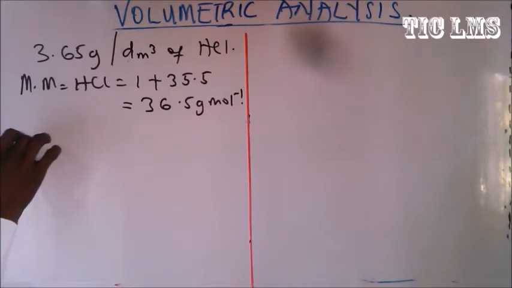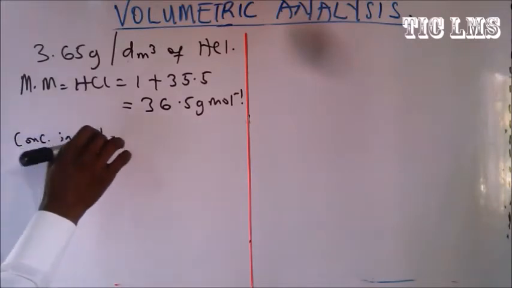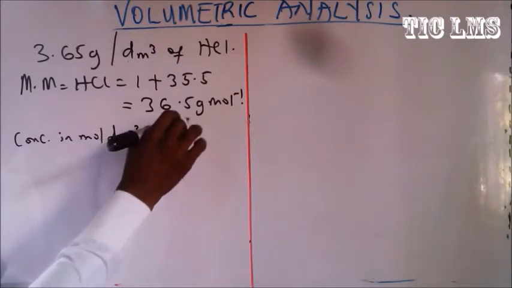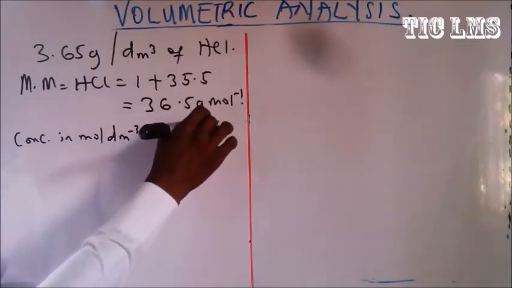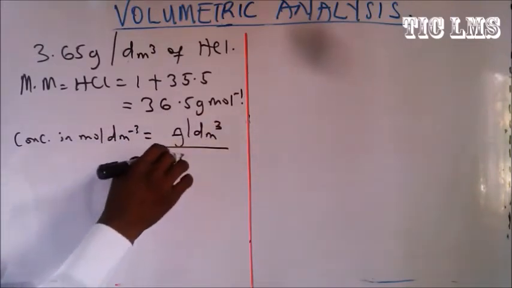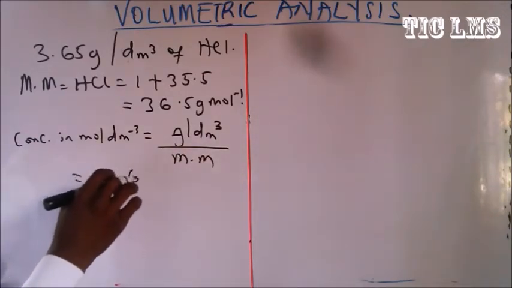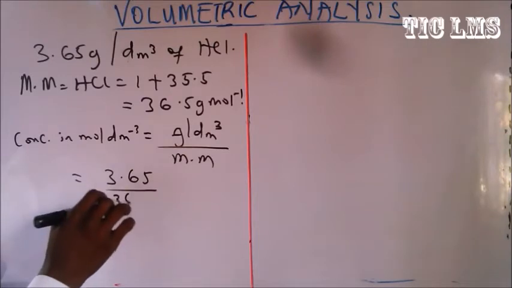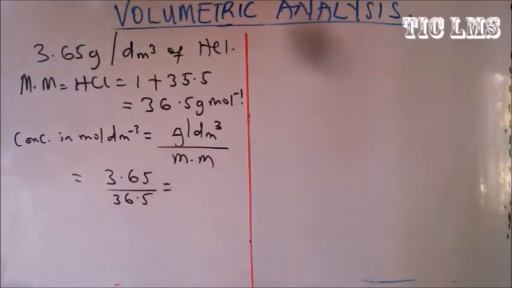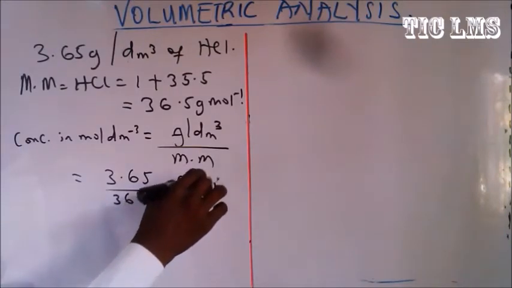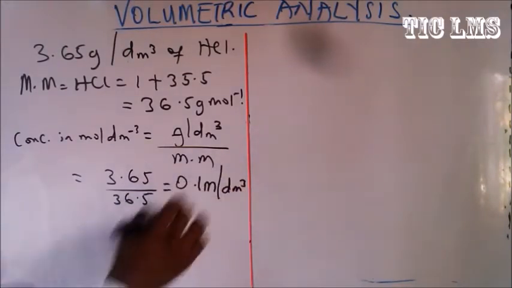Hence, concentration in mole per dm³ equals concentration in gram per dm³ over the molar mass. So we have 3.65 over 36.5, and that gives 0.1 mole per dm³.